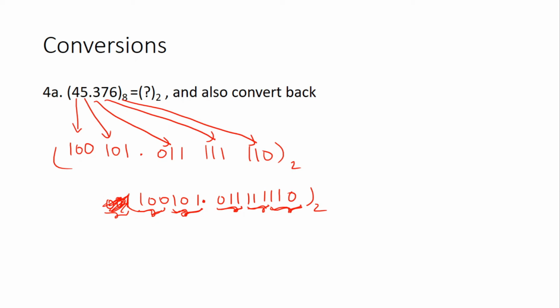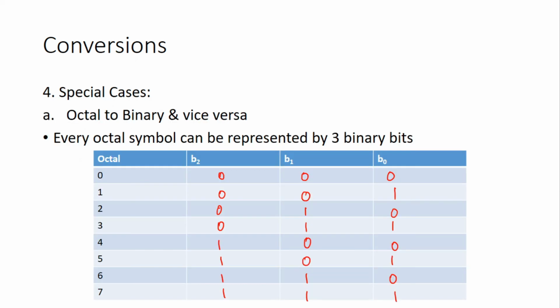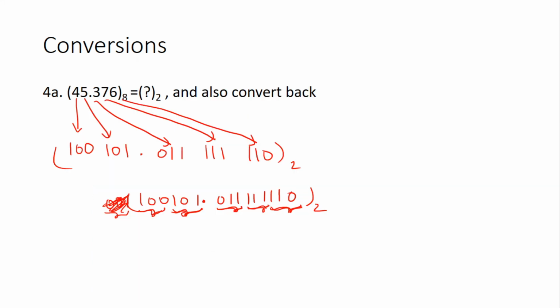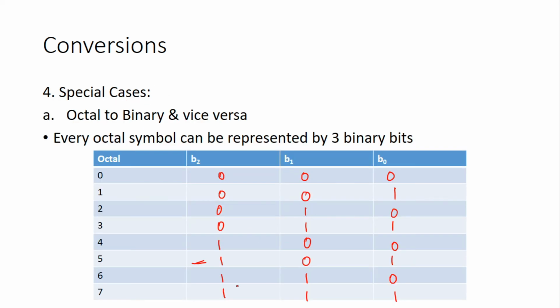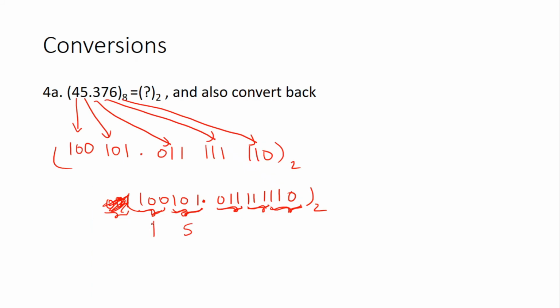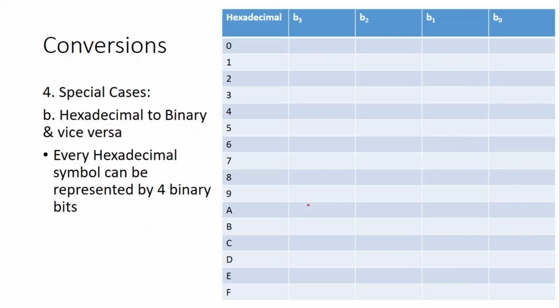So we're just going to refer to our table. 101 is 5, and 100 is 4, and this is 376. We know because we have converted it. So this is how you convert back to octal.